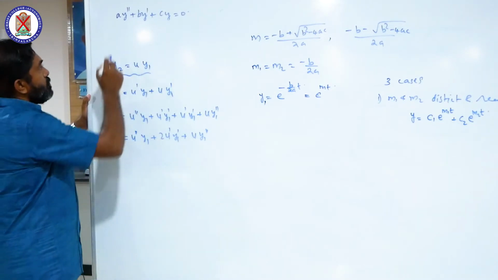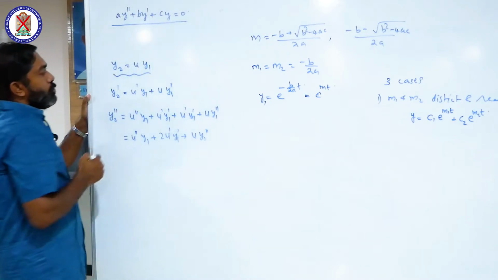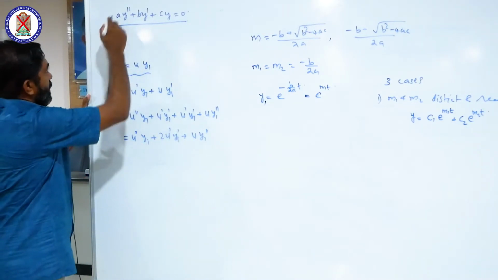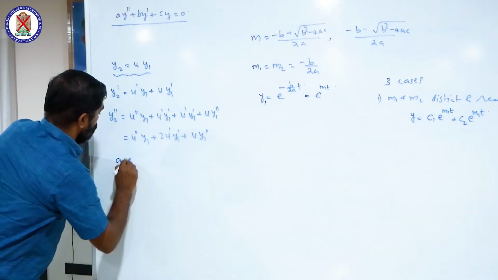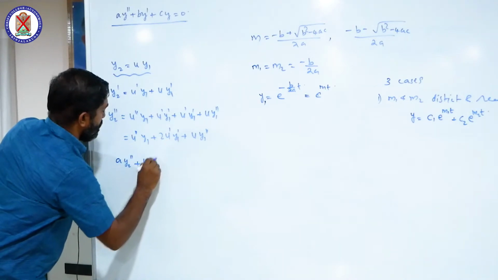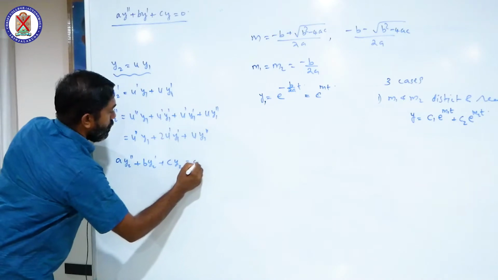So if y2 is a solution, then y2 should satisfy this equation. If we substitute y2 in this equation, we get a y2 double dash plus b y2 dash plus c y2 equal to 0.